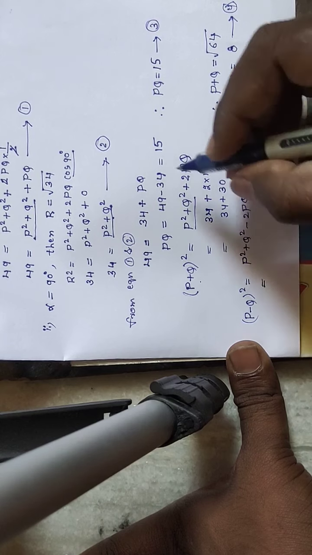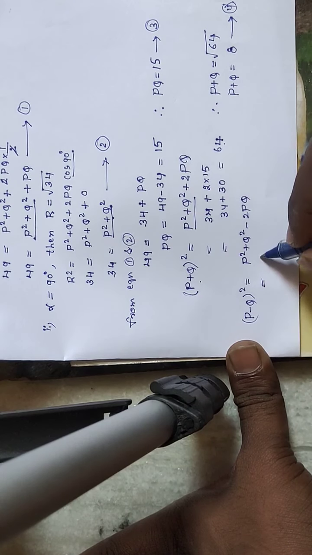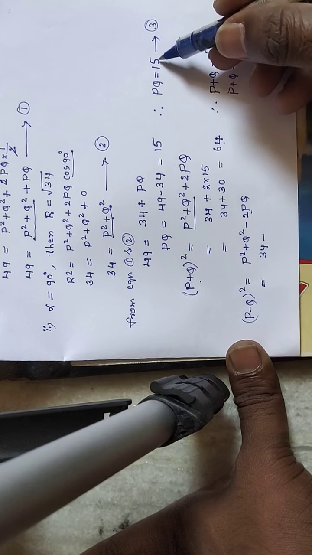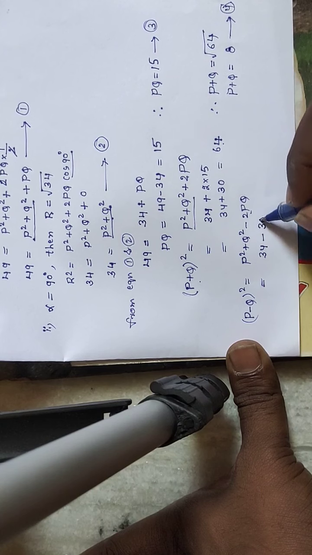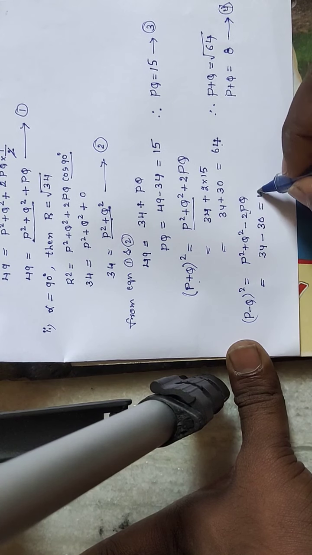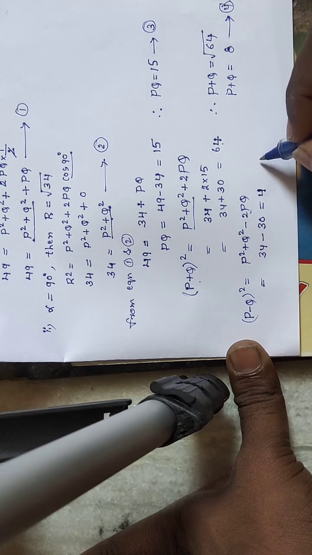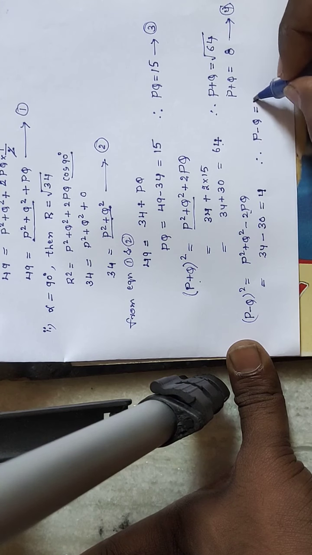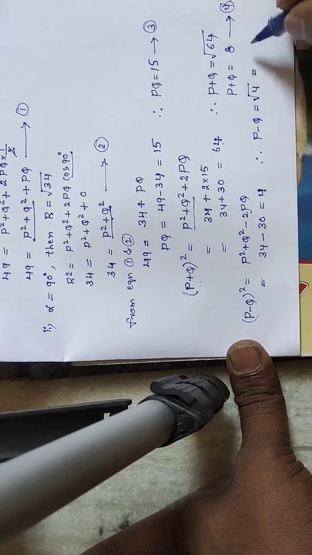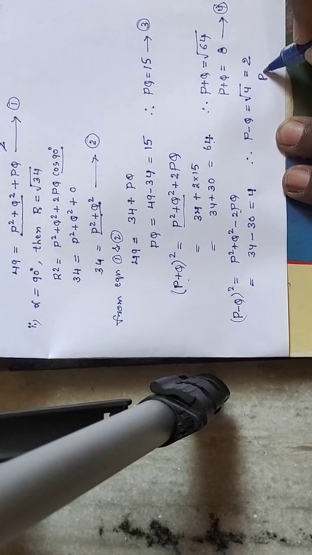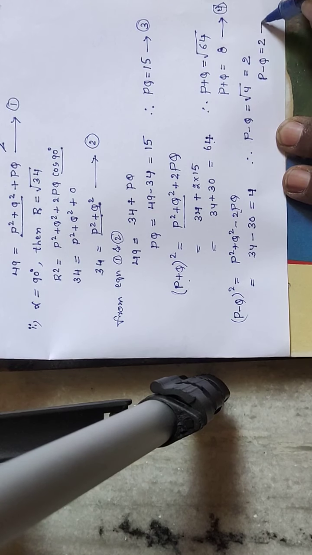We know that p square plus q square equal 34, minus 2pq. pq is 15, so 2 into 15 is 30. 34 minus 30 is 4. So therefore p minus q will be equal to root 4, and root 4 means 2. So p minus q will be equal to 2.